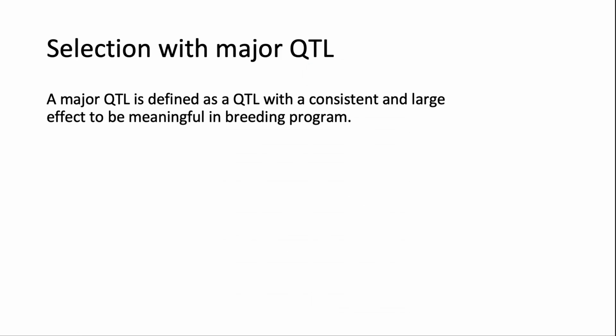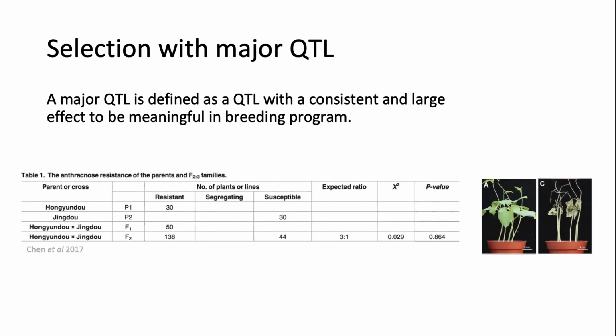Now I want to talk a little bit about how we can use that information of the QTLs in the breeding program. I just want to show you data from a paper from 2017, where they selected one genotype that was resistant, so this is a biparental cross, and another one that is susceptible, and they made crosses between those lines.